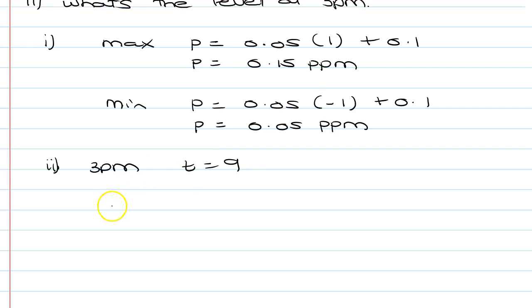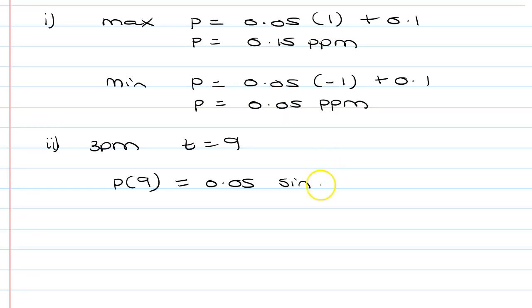So just subbing into the function, I'm going to write the function out. It's 0.05 multiplied by sine of t pi over 12, so it's 9 pi over 12, plus that 0.1.